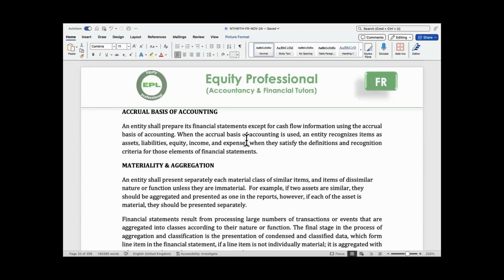So what then happens? Because whatever you report will be taxed by the tax authorities. So you're going to be taxed for what you've not received. So what happens if there is now a default in payment resulting in bad debt? Don't you think that as a company you'll be overpaying tax for the financial year, considering the fact that what you have physically is less than what you have reported?